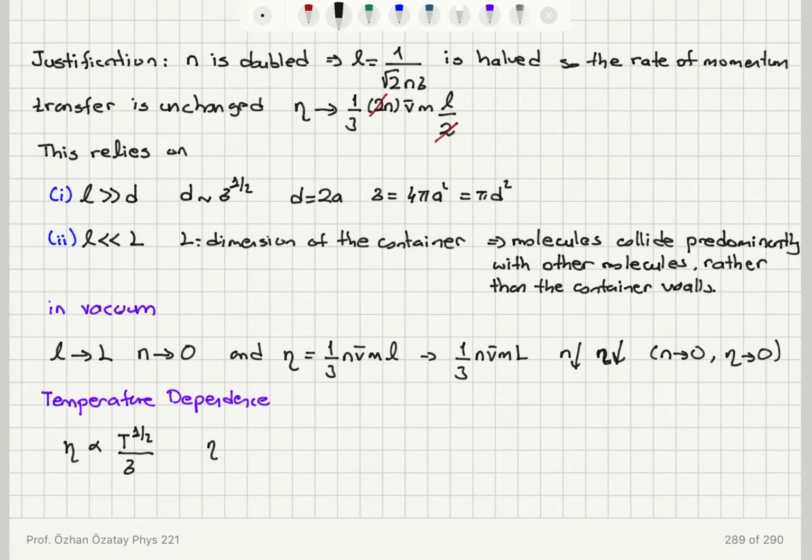Why? Because we found that it is 1 over square root 6 square root mkT divided by sigma. So the temperature dependence will not come from mass or the Boltzmann constant. It can only come from the explicit dependence on temperature divided by sigma.